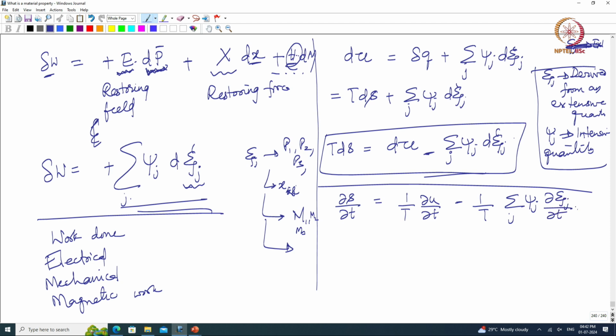Okay. So, I have brought in some sort of flux terms, right. So, I am looking at the flux of entropy dou S by dou T, I am looking at the flux of internal energy, and I am looking at the flux of some sort of an extensive quantity. This can be flux of polarization, this can be flux of strain, this can be flux of atoms moving around, right.